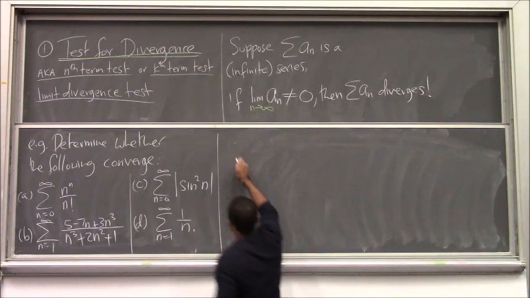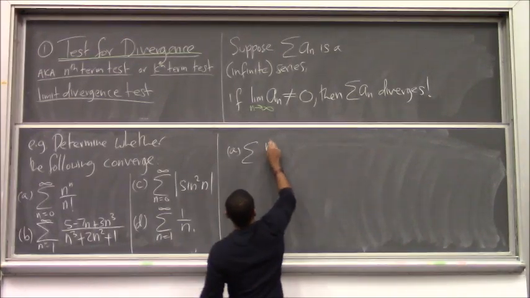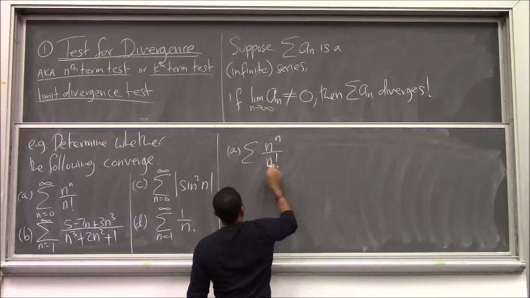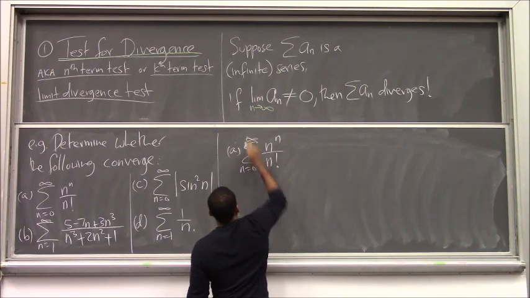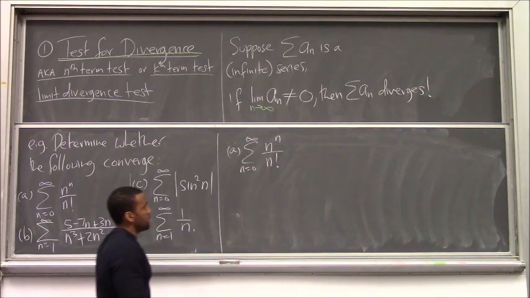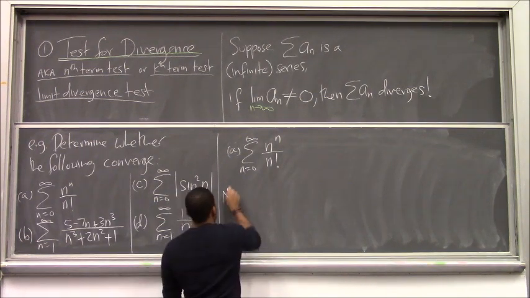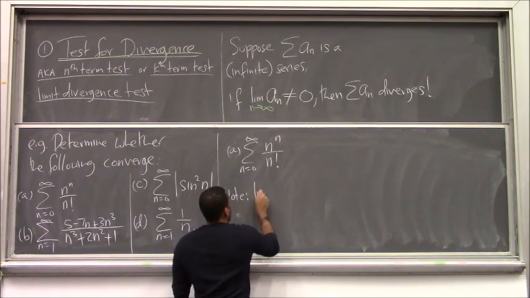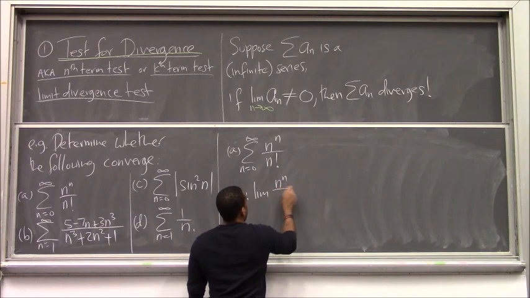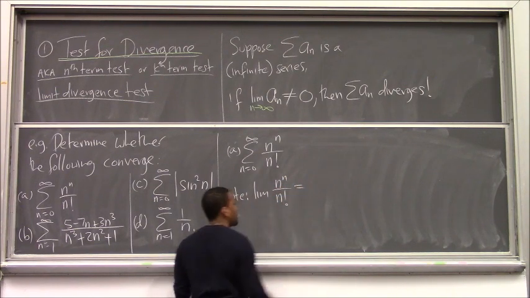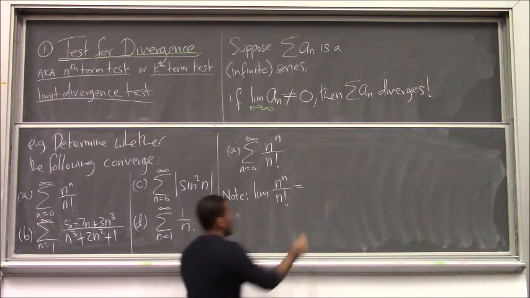Let us do the first example: the sum of n to the n over n factorial. Note the limit of n to the n over n factorial is going to be infinity.